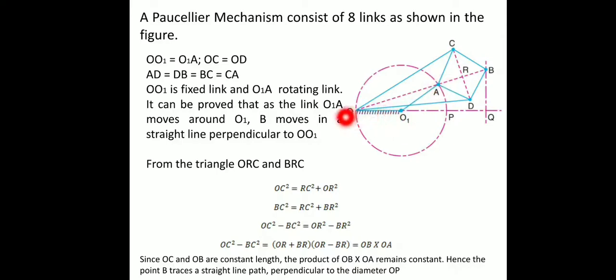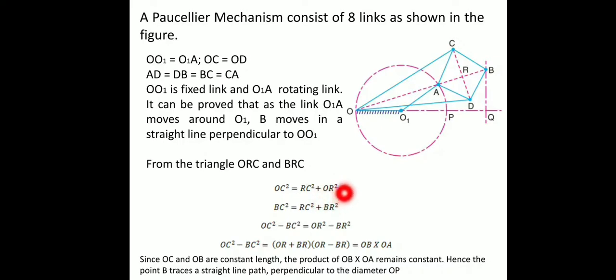Considering the triangles ORC and BRC, we have the Pythagoras equation: OC square, that is hypotenuse square, is equal to OR square plus RC square. Similarly, from the triangle BRC, BC square is equal to BR square plus RC square. You can see both equations here.